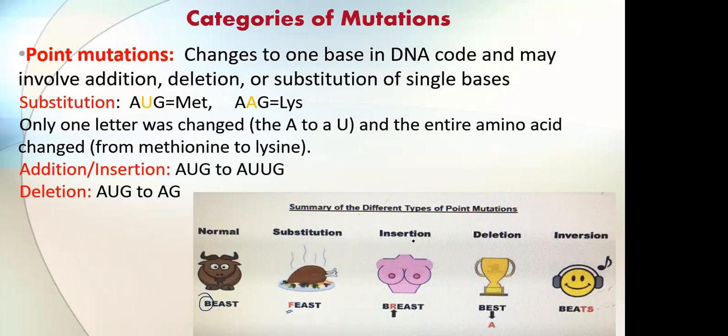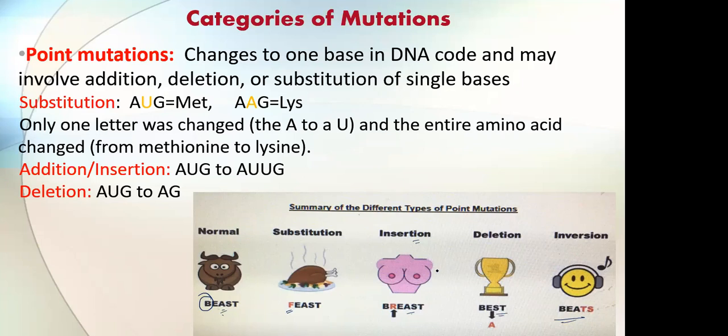Now insertion, another thing that can happen. In between B and E, there is a new nucleotide base, that's R. So instead of beast, the new word is breast. Now deletion. B-E-A-S-T, A got deleted. Now it's best. Inversion, S and T changed their position, but it gives you a new word.